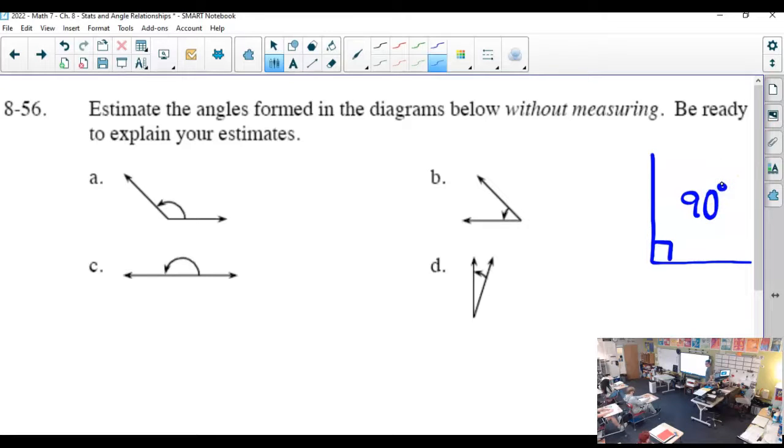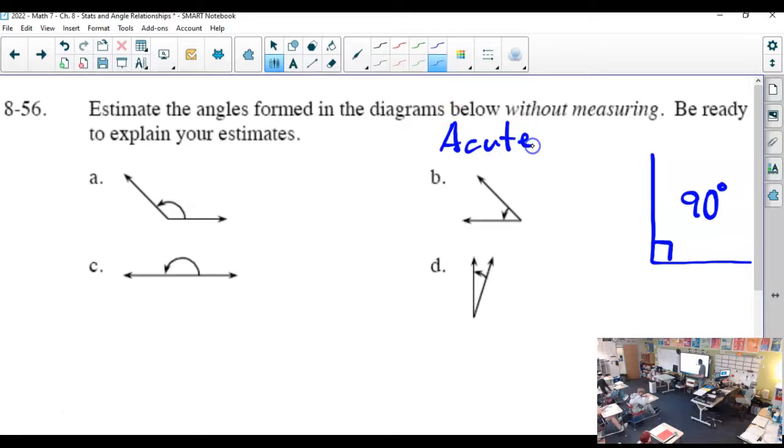So how we measure angles beyond that, or how we name angles, is either if they're smaller than that 90, what do we call them? We call them cute. Well, acute, right? So we could say B is an acute angle.